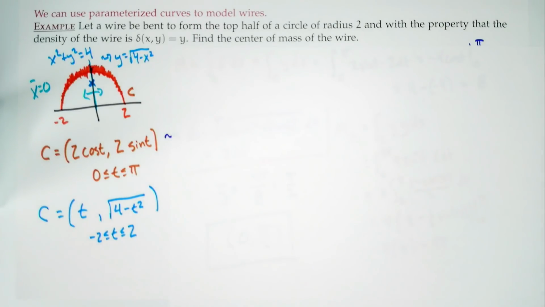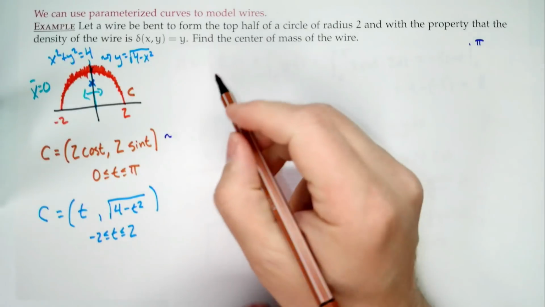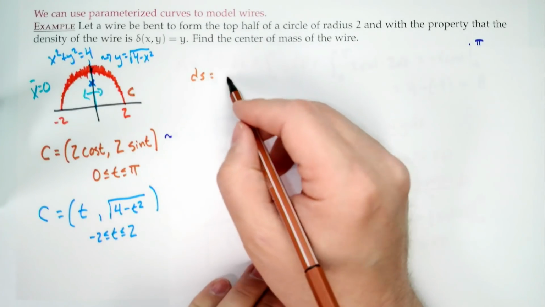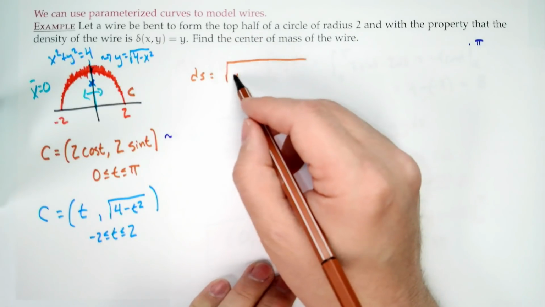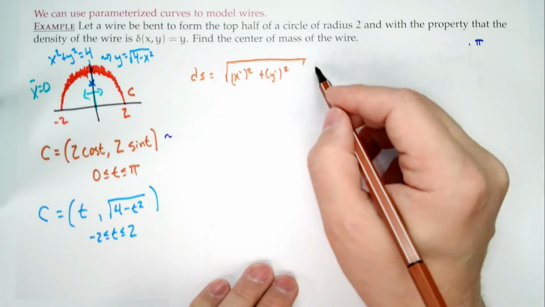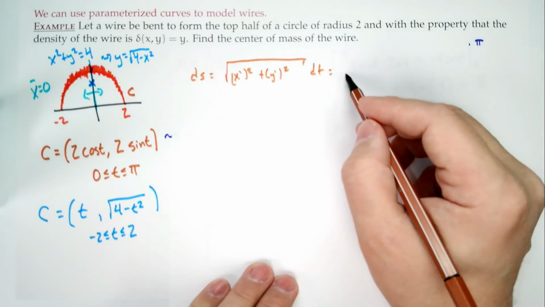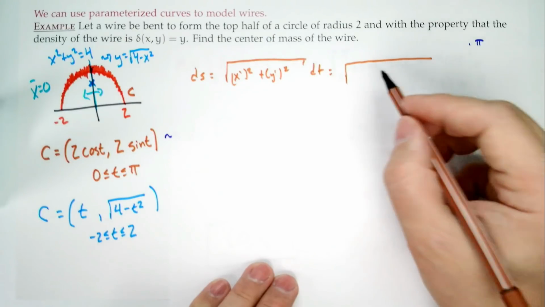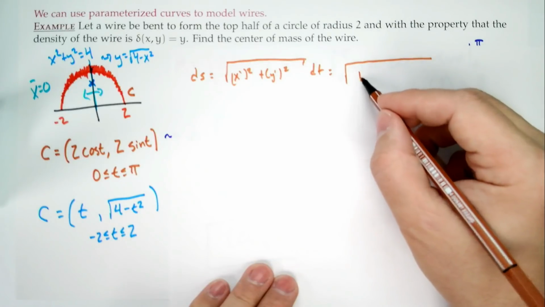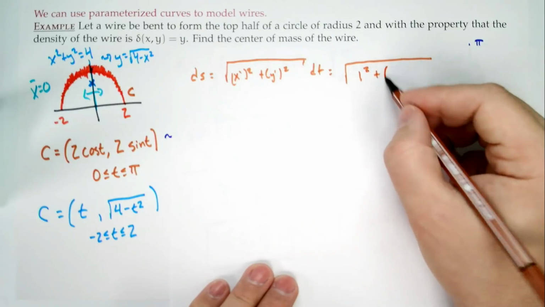Now, one of the things we should probably do to start is take a moment to figure out what is our ds. So ds is going to be the square root of x prime squared plus y prime squared dt, which in our case is going to be the square root of, well, x prime is 1. 1 squared plus y prime.